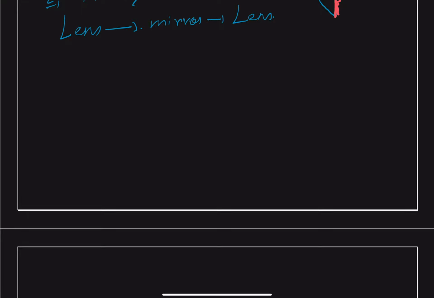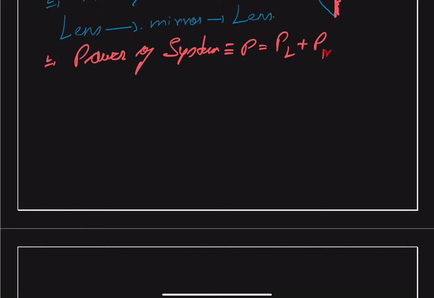Under this combination the power of the system, P, will be equal to PL plus PM and once again PL.